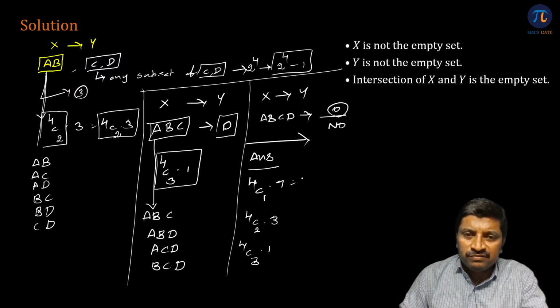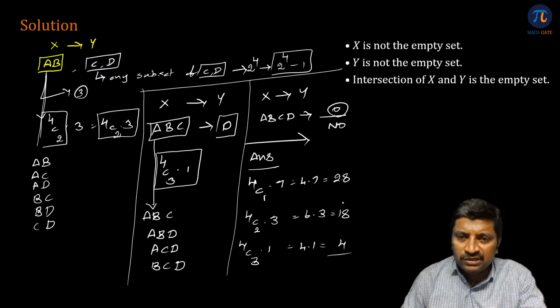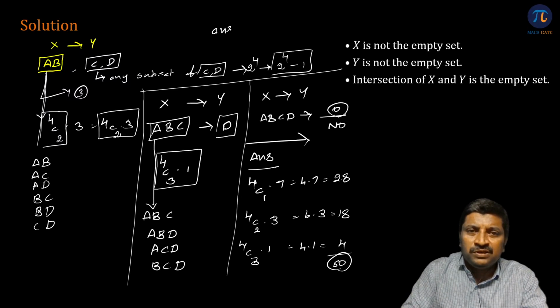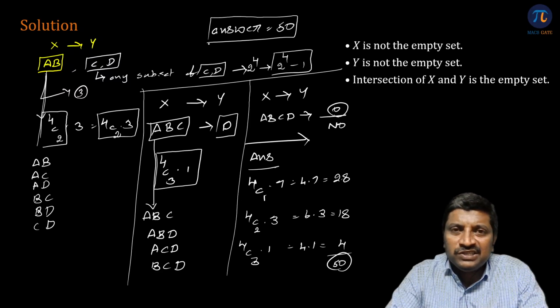Let us calculate it. 4 into 7, 28. 6 into 3, which is equal to 18. 4 into 1, which is equal to 4. 28 plus 18 is 46, plus 4 is 50. So this is the number of functional dependencies. What is the answer for this question? 50. Hope you understood it.